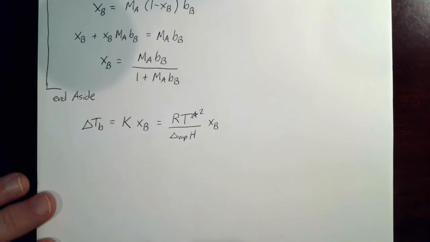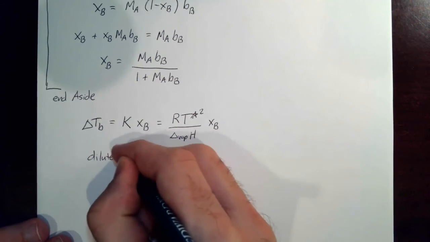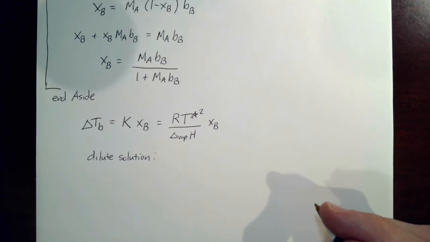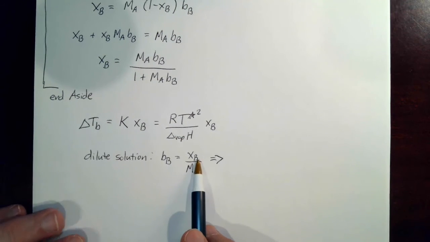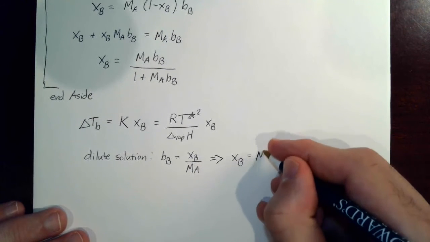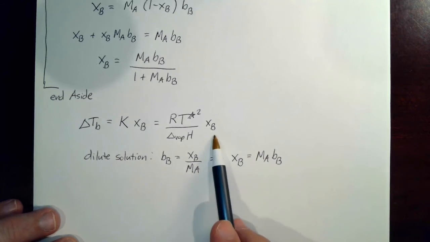Okay, and as we just saw in the aside, for a dilute solution, we have that the molality is proportional to the mole fraction. If I solve this for XB, now I can plug this in for XB up here.